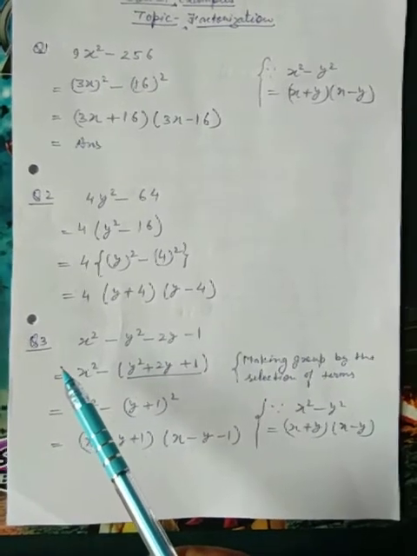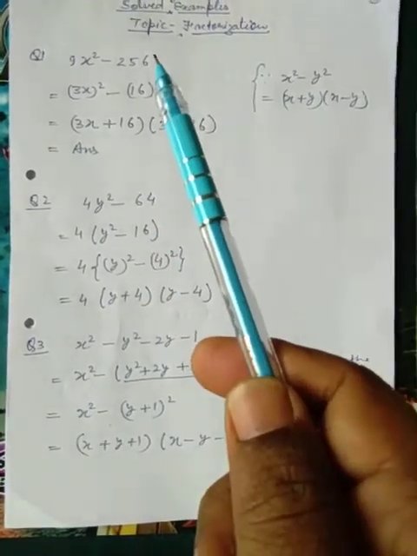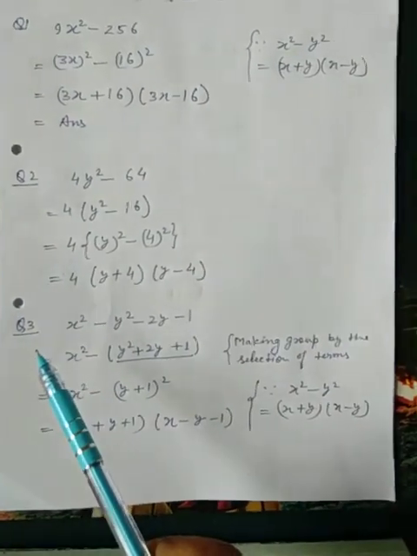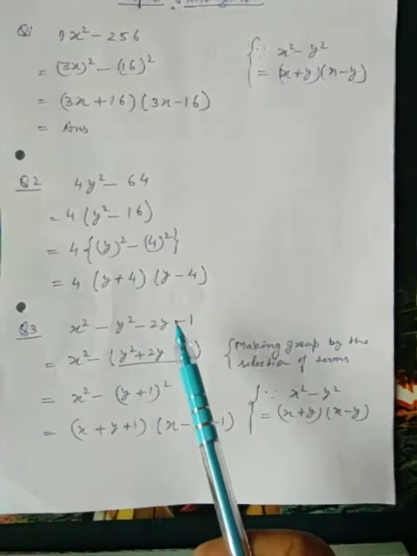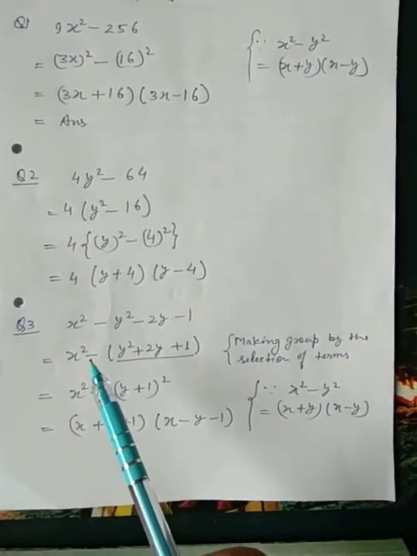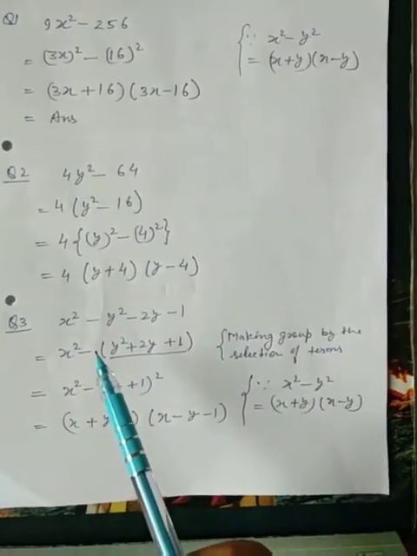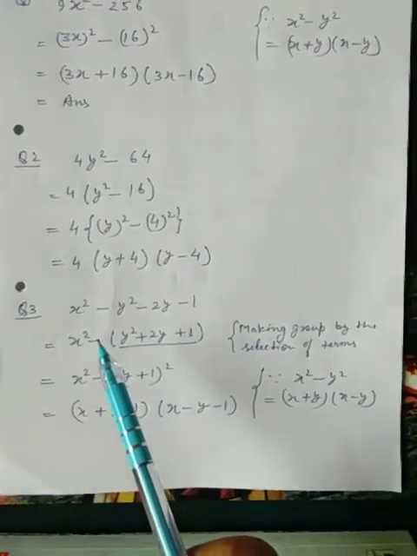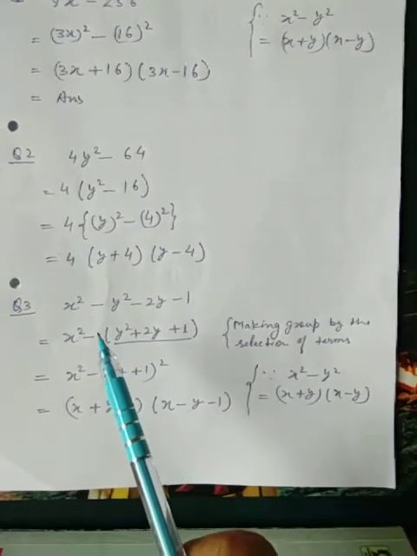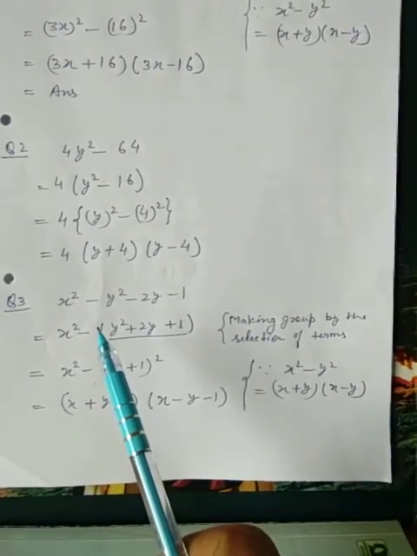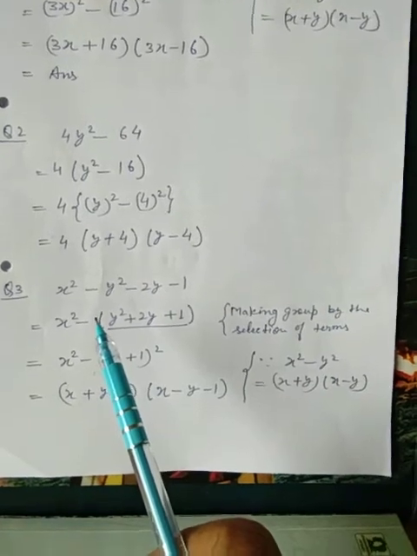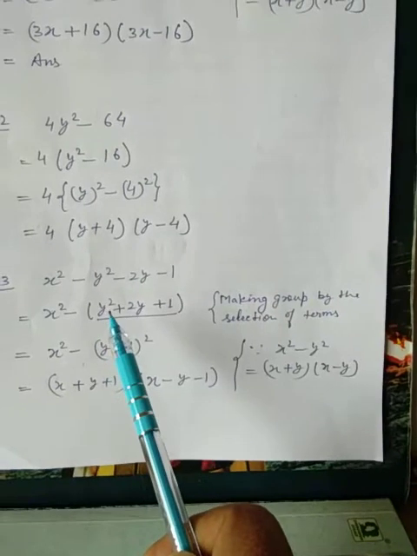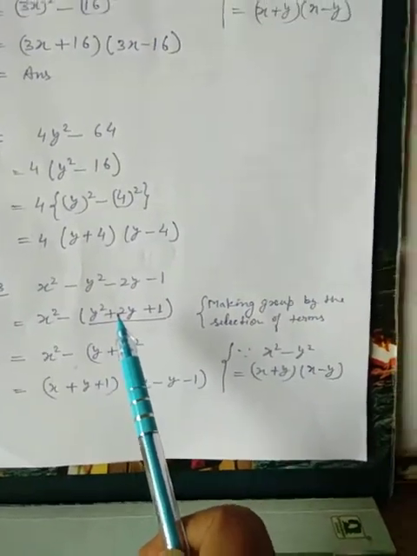These are illustrative examples to understand the difference formula, right? One more category is there. In these two questions, the number of terms was only 2. Now in question number 3, the number of terms is 4. To solve such questions, you have to make a group, and it should be a proper group, because we are going to solve the question on the basis of the difference formula. So there should be only two terms, in such a way that it is the square of the first term minus, at the second place, the square of the second term, right?